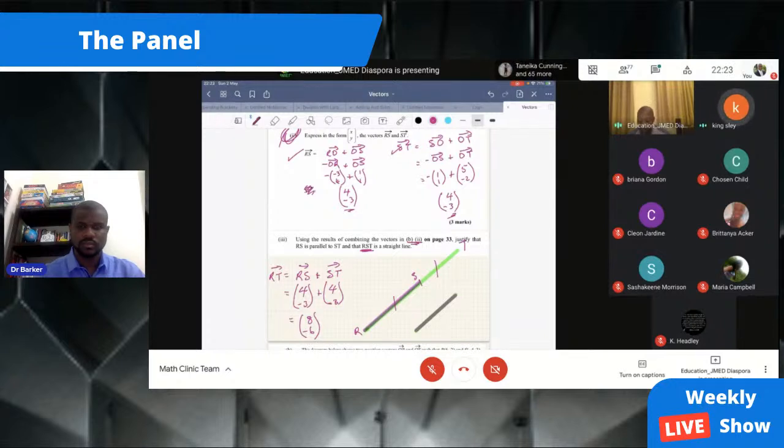To prove that RS plus RT is parallel, ST is parallel, sir. You wouldn't have to use RO plus OT to justify it. Okay, you can do that, RO plus OT.